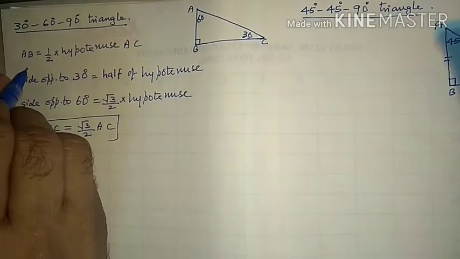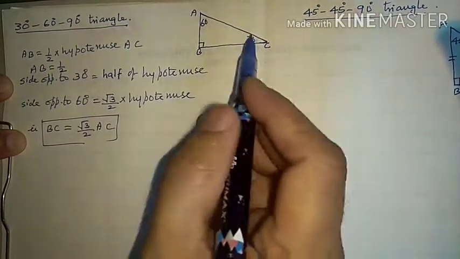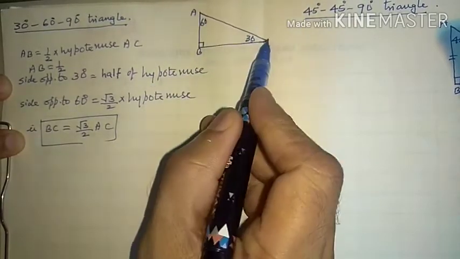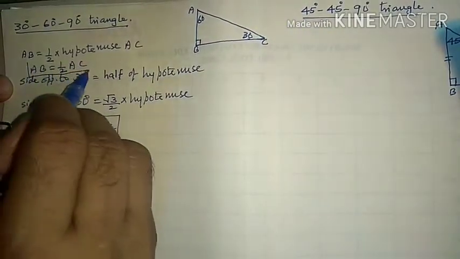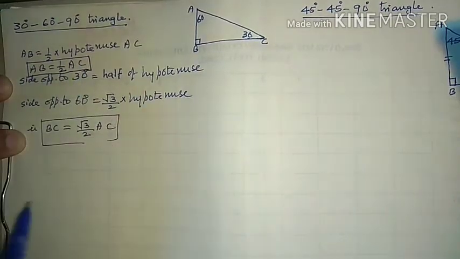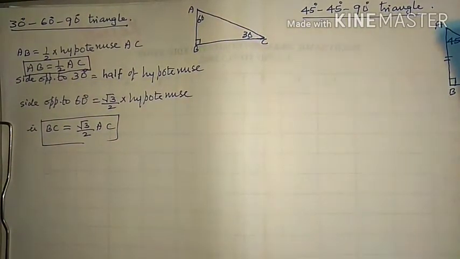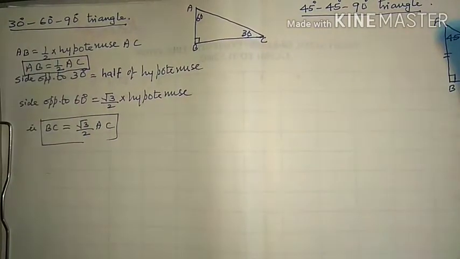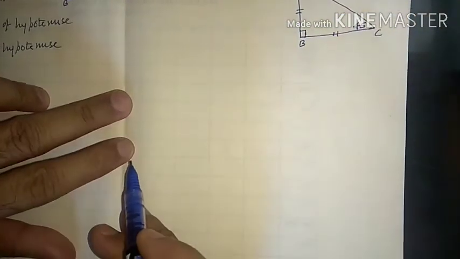And AB, the side opposite to 30 degree, is equal to half of the hypotenuse AC. This you have to remember directly. In the application part, we will use this in solving problems. The theorem is not required in your syllabus, so we pass on to the 45, 45, 90 triangle.